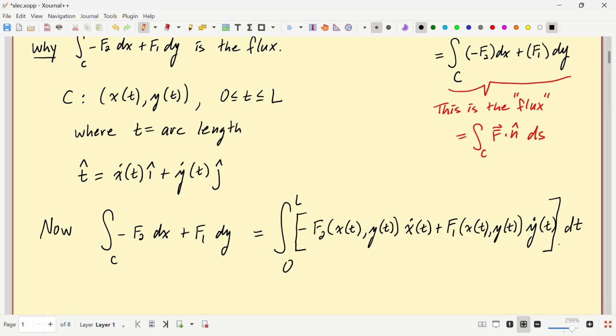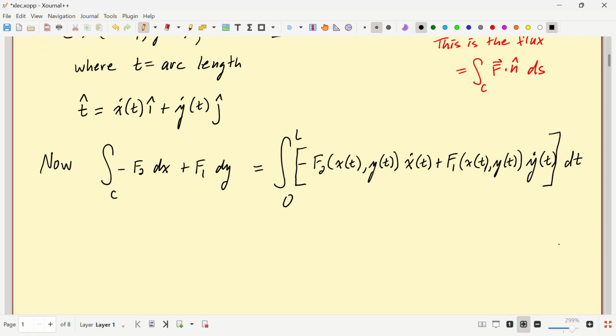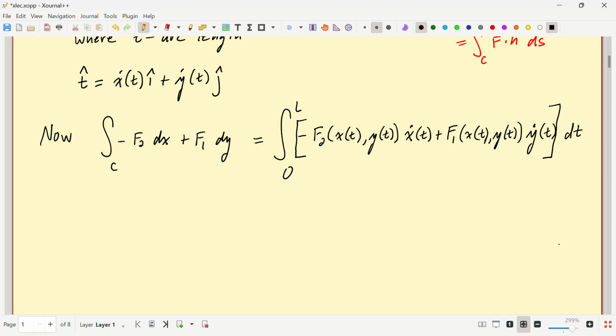That's a dot product. Let's see, if I think about that, so that is the integral from 0 to L of, I want to dot a vector.